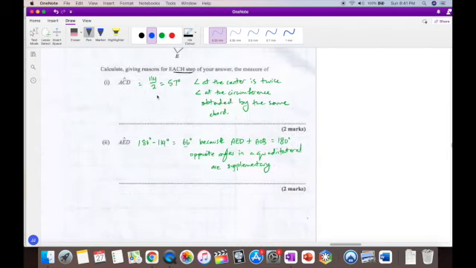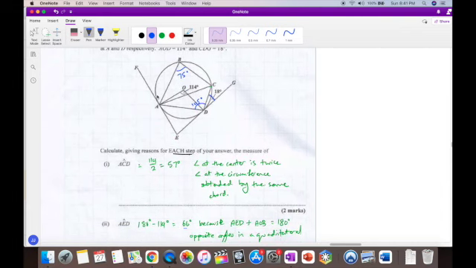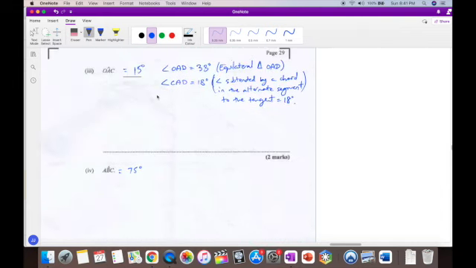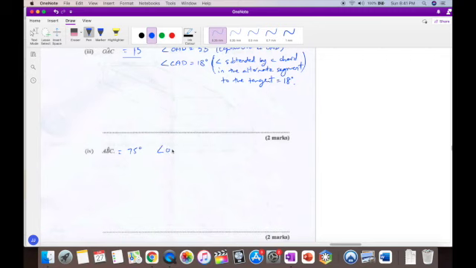Well, first we'll put ODC, angle ODC is 90 degrees minus 18 degrees, which is 72 degrees, and the reason being that angles with the radius and tangent equals 90 degrees, right?